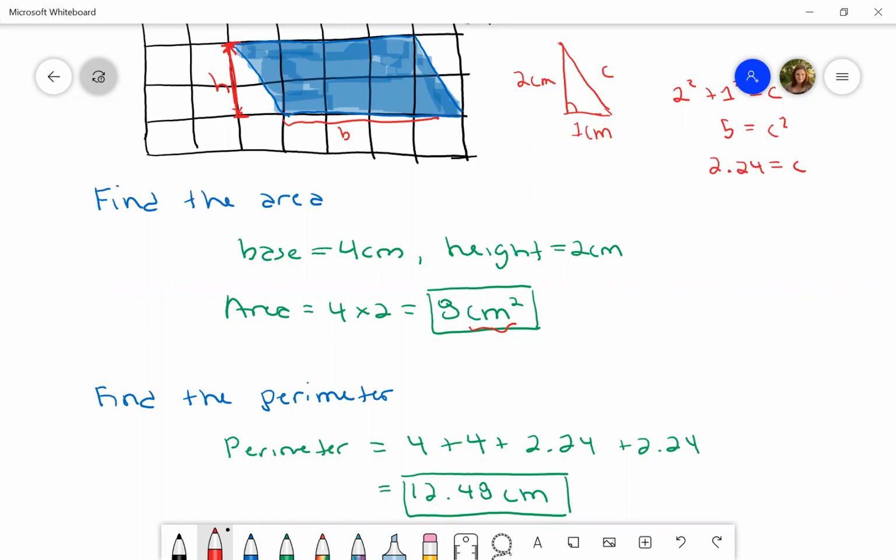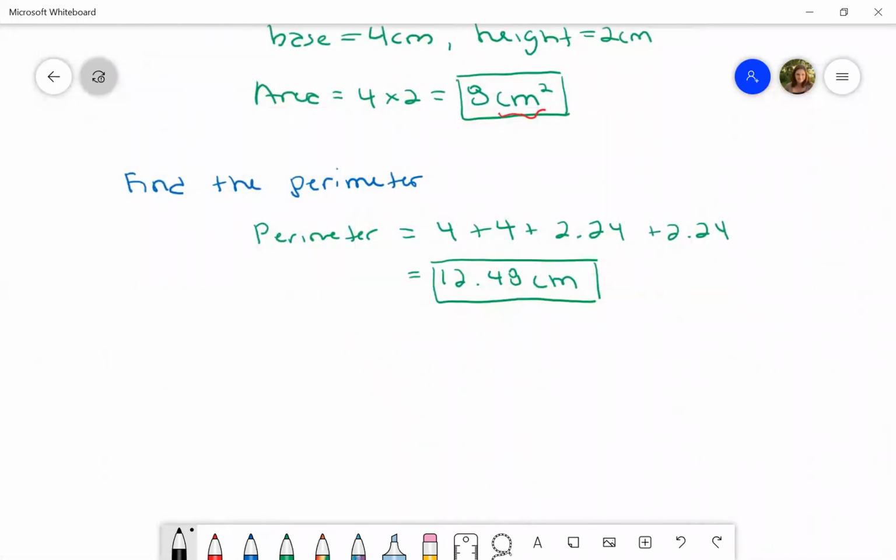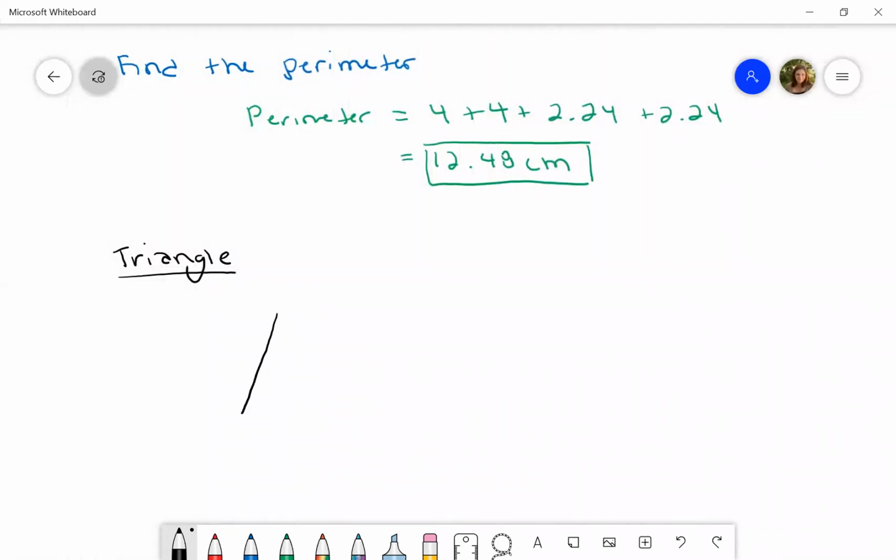All right, so let's try one other exciting shape, and then we'll save the rest for the next class. And that is the triangle. Now the triangle, I'll just draw a scalene triangle here.